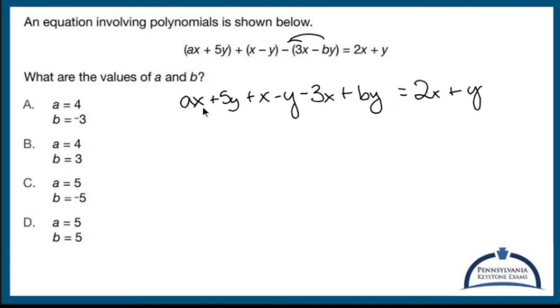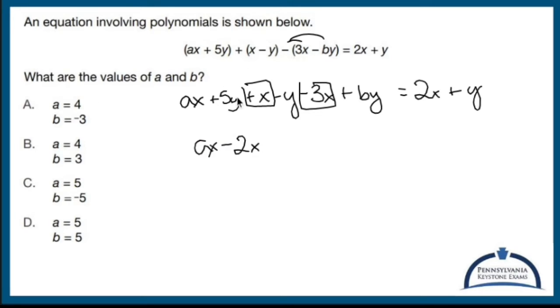So I have ax, which kind of combines with 3x. I'm not going to deal with that, not yet. But what I do have is an a, or just 1x, minus 3x, which gives me negative 2x. So we'll do negative 2x, and I'll put ax right there. All right, let's get a different color going.